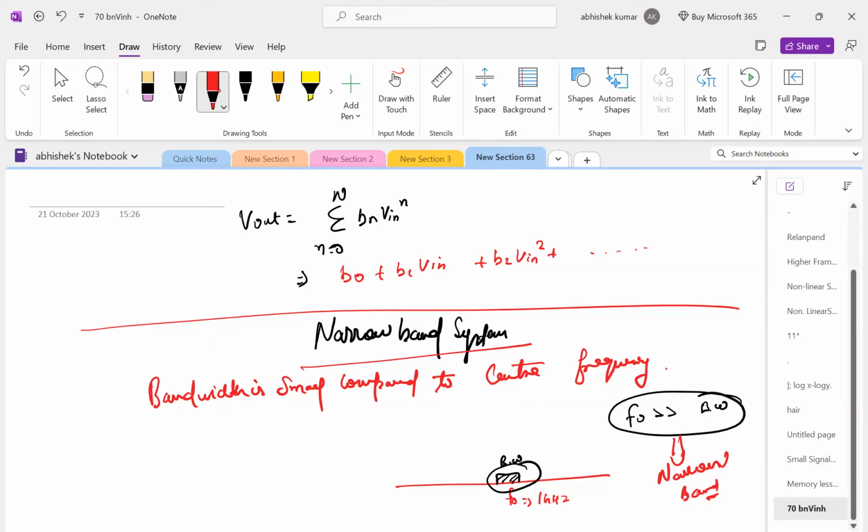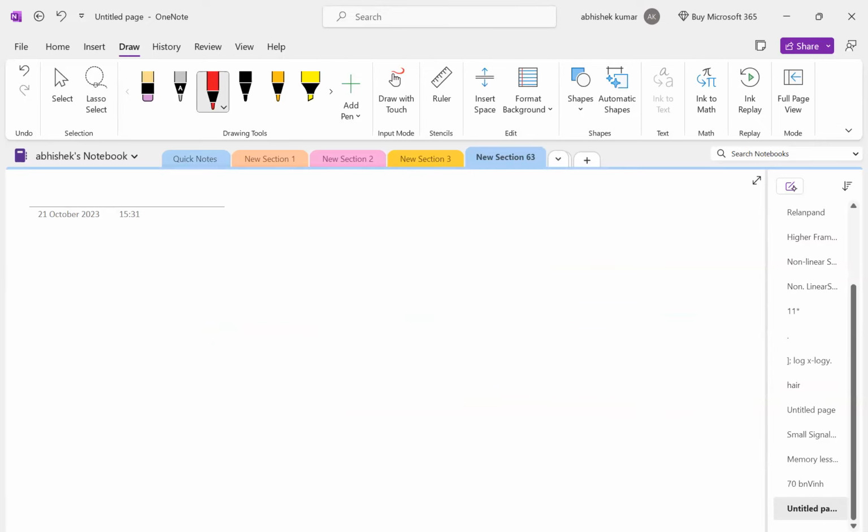Assuming a sinusoidal input to the amplifier, after filtering we will get this, and they have given you the voltage gain. Because we will see, we will have a filter and all those things.